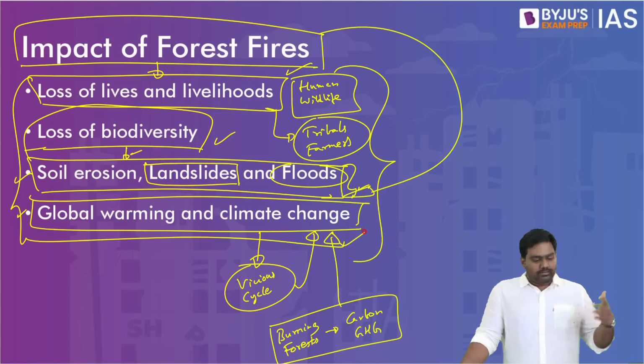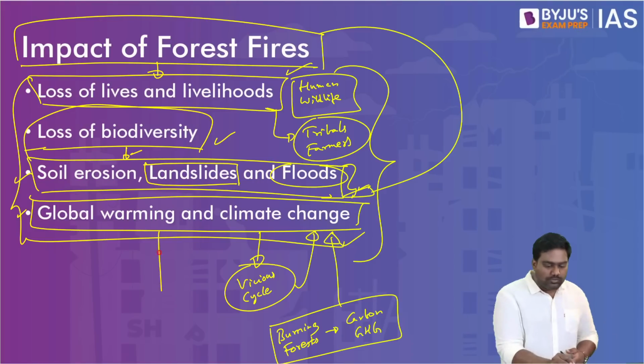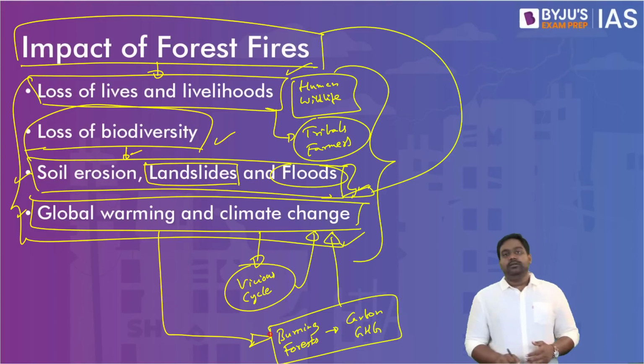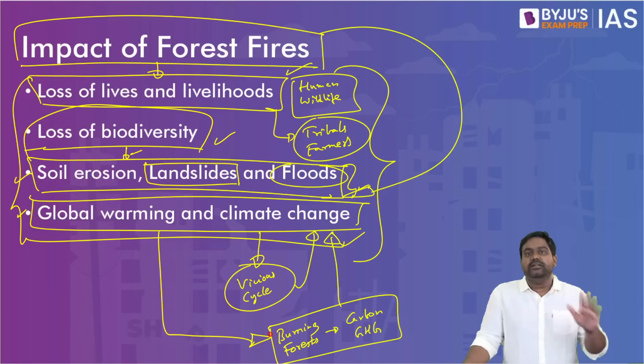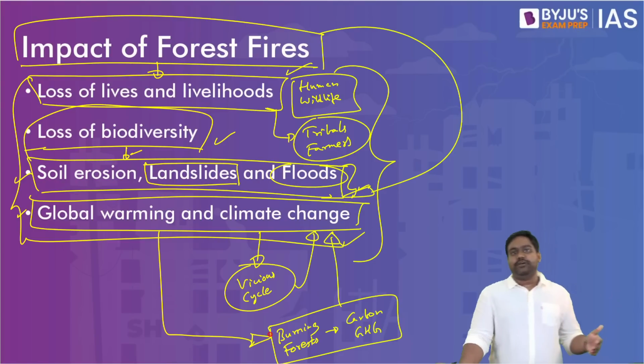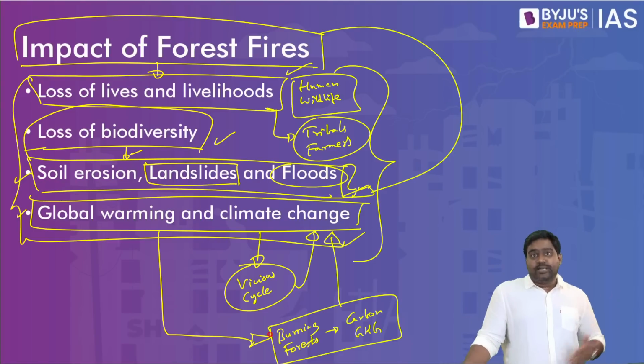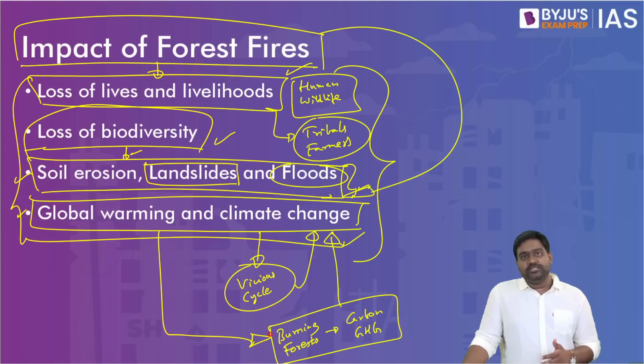And an increase in global warming will contribute to more heat waves and extreme weather, which further causes more forest fires. So it's a vicious cycle that gets created. And most likely, we're already in one such vicious cycle. Previously, Southern Europe would never witness this kind of forest fires that you're seeing right now. It's quite unprecedented, right? So global warming drives forest fires, and forest fires further contribute to global warming.